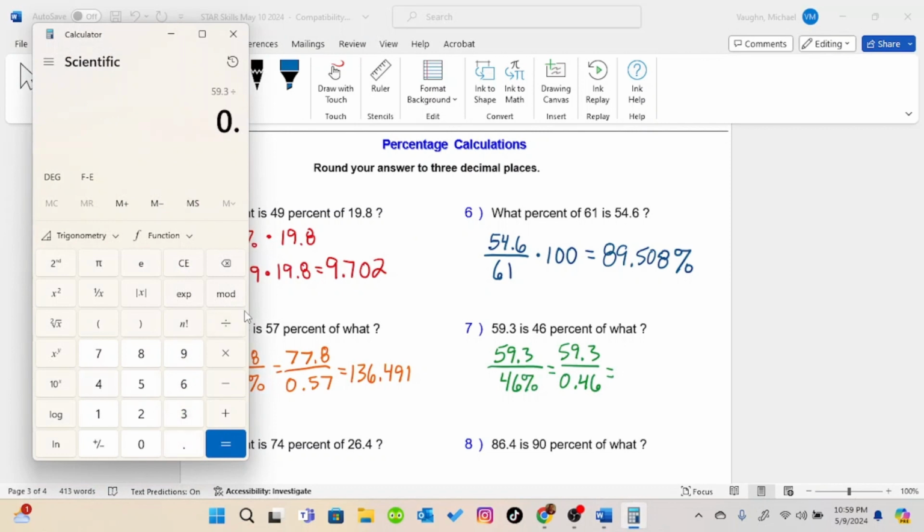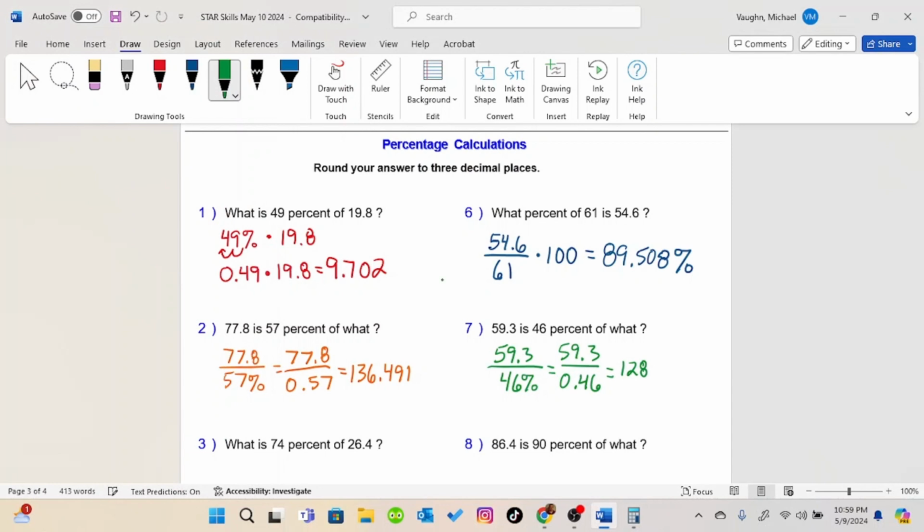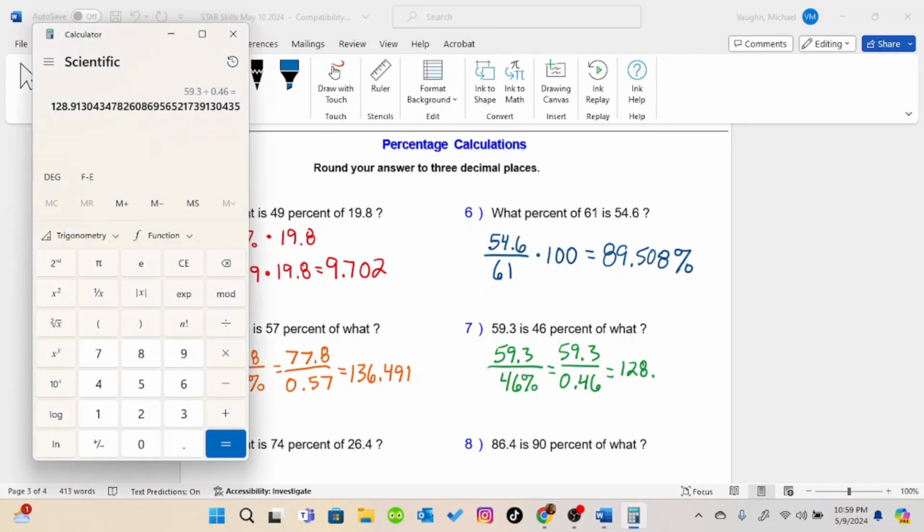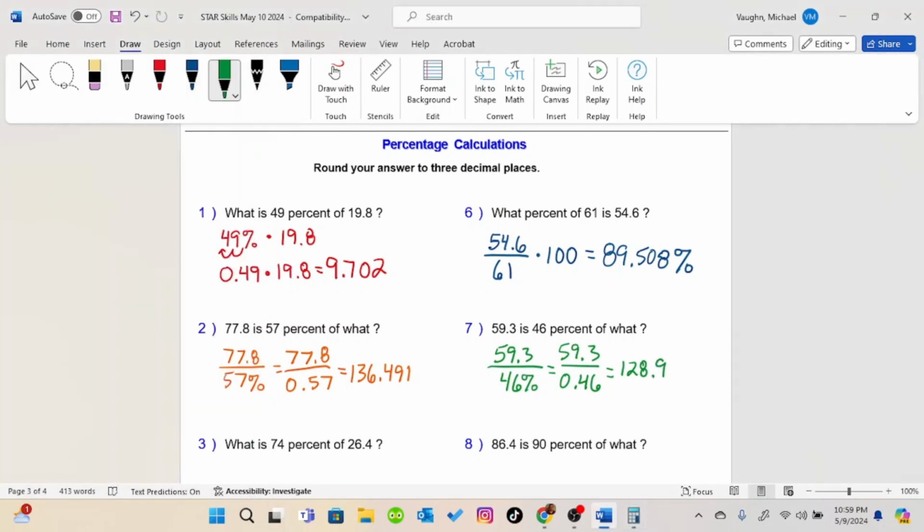So our total is 128.913. So now if I took 128.913 and I multiplied it by 46%, we would get 59.3.